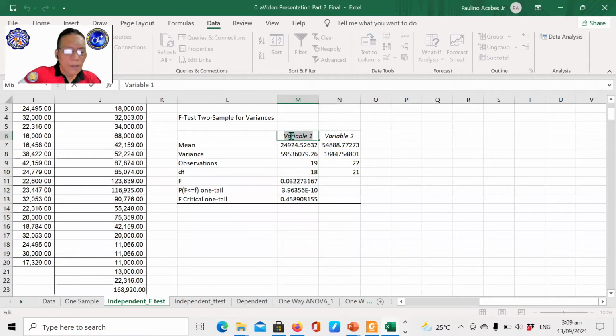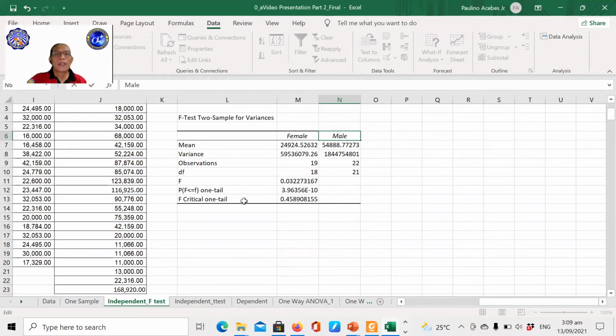This is female, and we have for the male. Let's try to check the p-value.